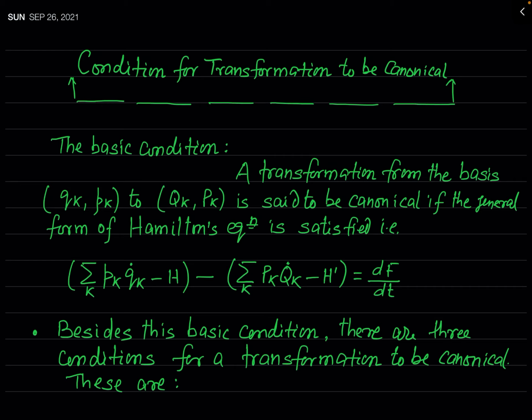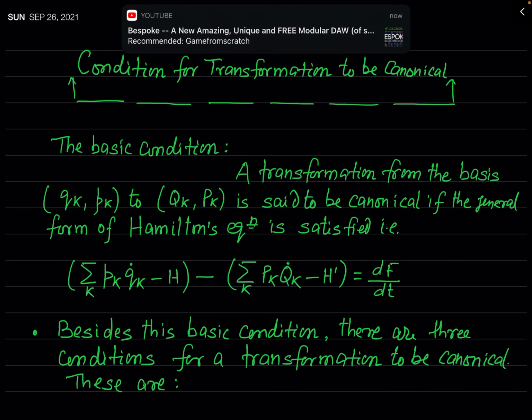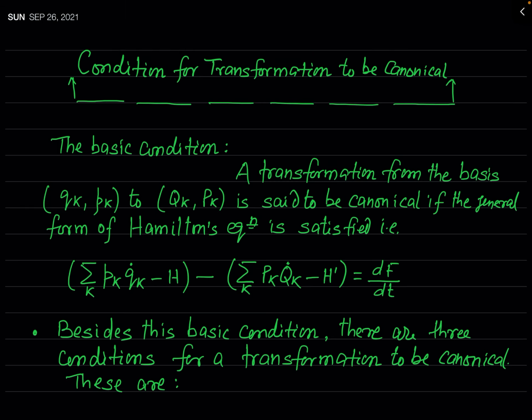So first of all, we will see some of the basic fundamentals and then we will solve the numerical problems. As the heading says, we have to discuss the condition for transformation to be canonical.